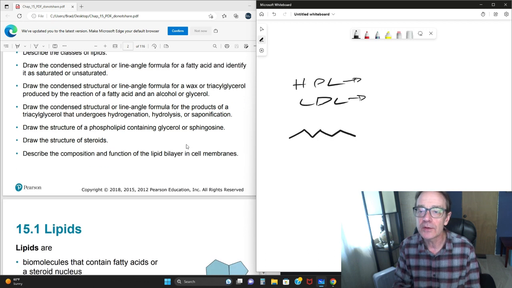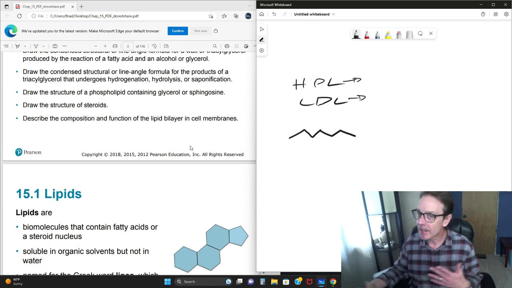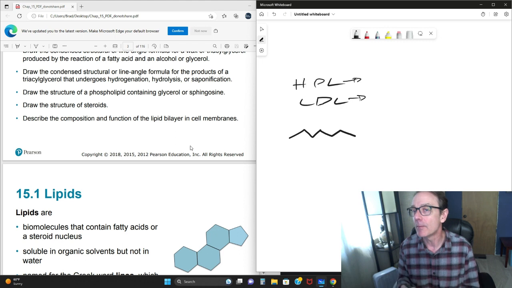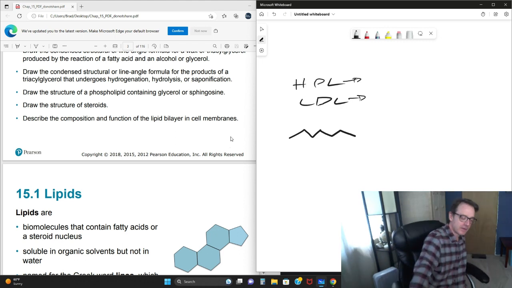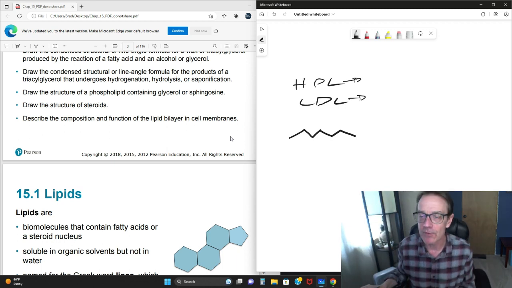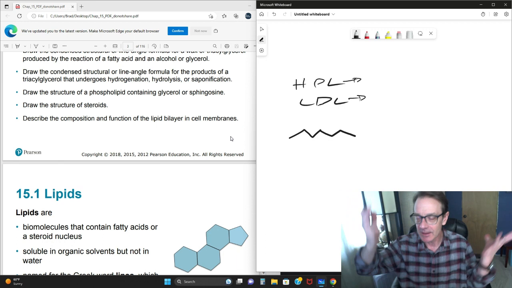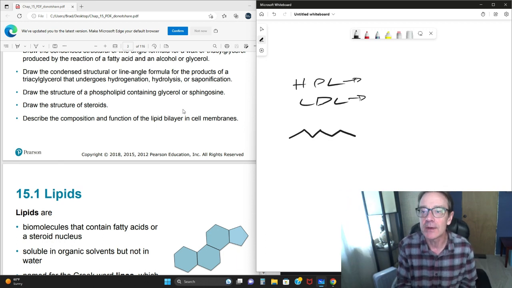And we'll look at things like phospholipids. That should ring a bell about the phospholipid bilayer in cell membranes. Maybe you remember a hydrophilic, hydrophobic area, and that they make cell membranes. I wouldn't expect you to remember a whole lot more than that, but we'll go into why that actually happens.